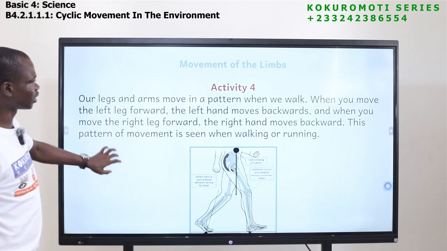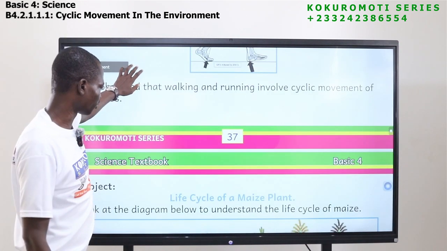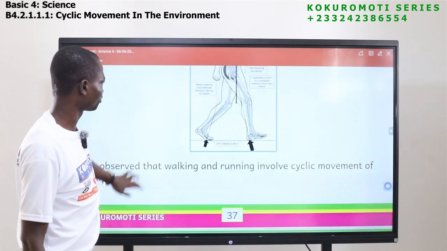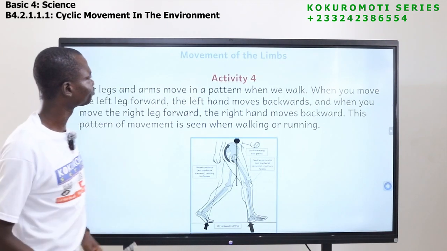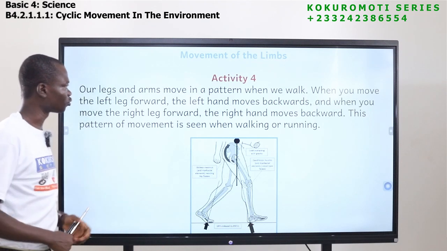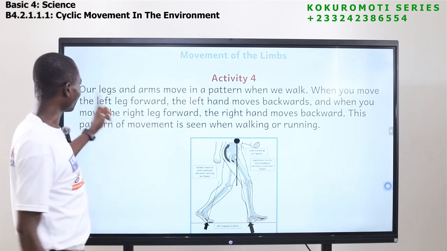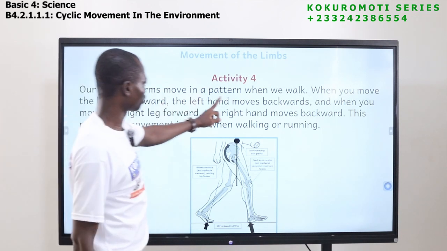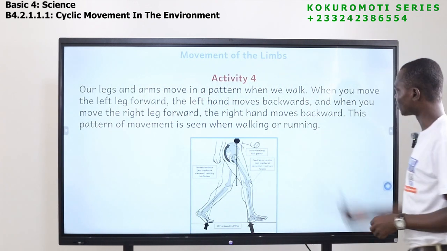The next one that we are looking at is the movement of the limbs. Okay, this is not the last one, but activity 4, we have movement of the limbs. So our legs and arms move in a pattern when we walk.